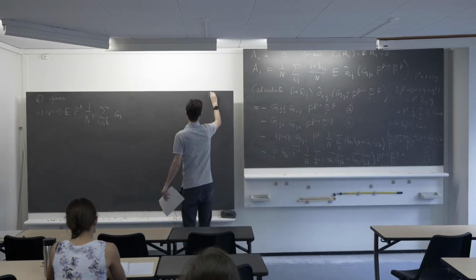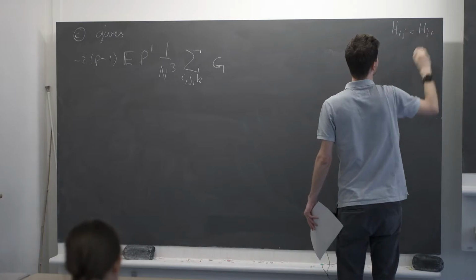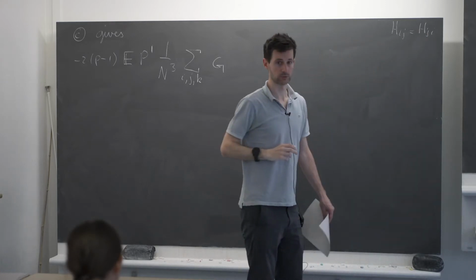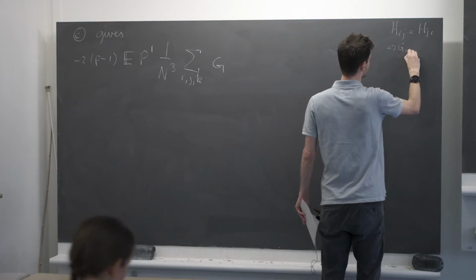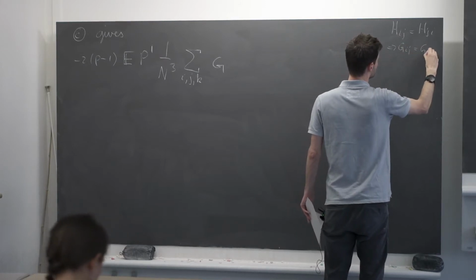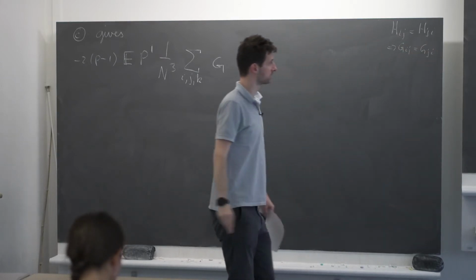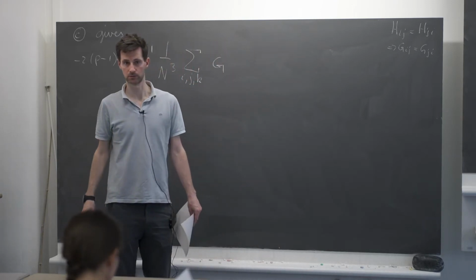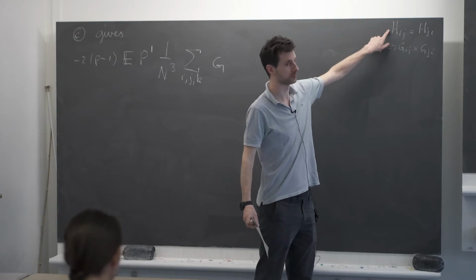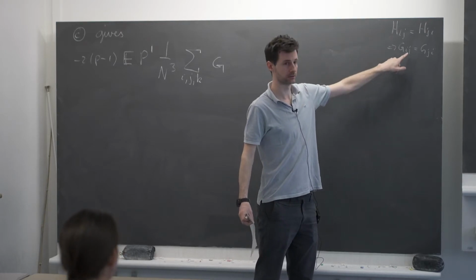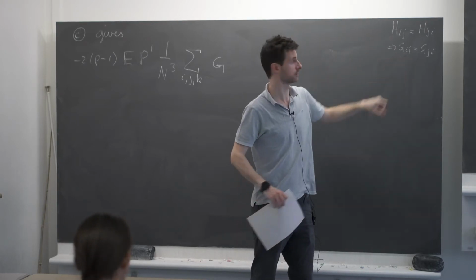So H_ij is equal to H_ji, because I assume the entries are real, which means in particular, this matrix is symmetric. It's not Hermitian, but it's symmetric. This is Hermitian as well. This is real Hermitian. This is not Hermitian, but it's symmetric.